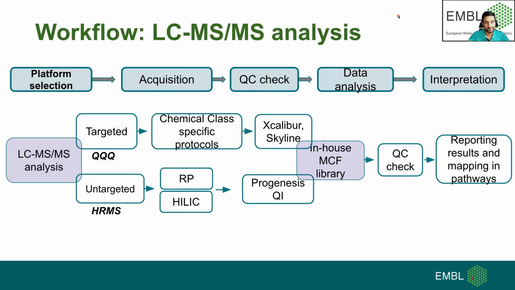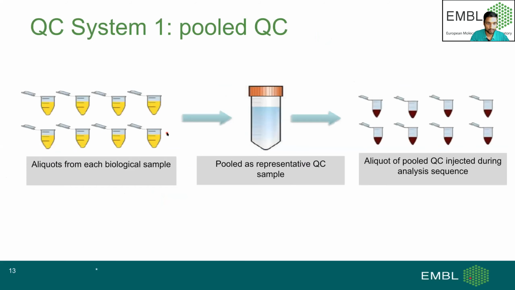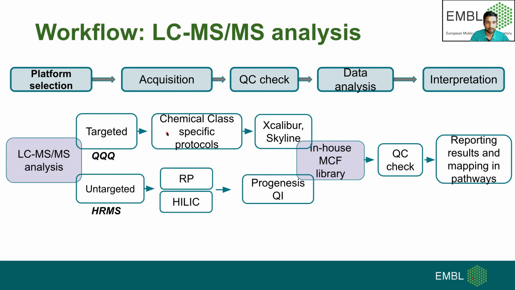So for the targeted approach, you have to basically develop a protocol. Protocols which are specific to the class of your interest, because you know what your analyte you want to detect. So you have to develop LCMS protocols which are compatible with your molecules of interest. And in the untargeted approach, you have reverse phase and HILIC.